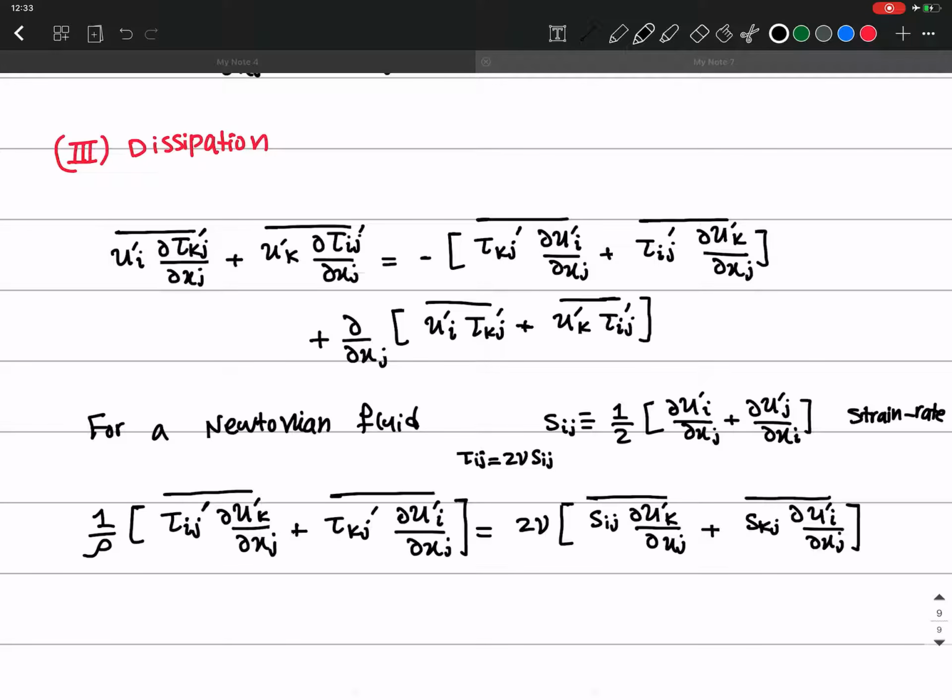Okay. So I can rewrite this for a Newtonian fluid in terms of the strain rates rather than the stress itself.